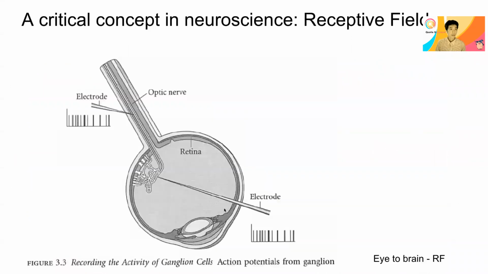To understand this, we need to understand this critical concept of neuroscience, the receptive field. As I said last week, the retina has a bunch of neurons, and as an output from the retina, there are retinal ganglion cells that make spikes like this. Then the experimenter can penetrate an electrode like here to record this spiking activity.